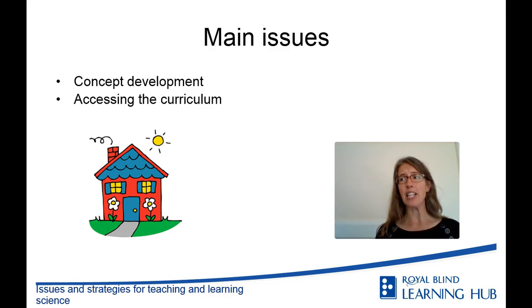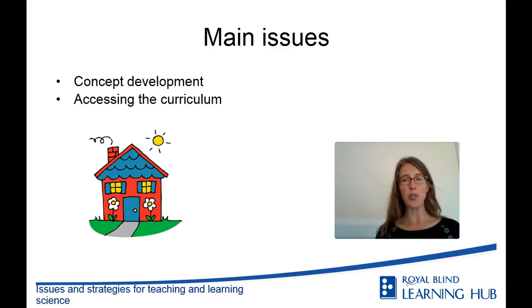But for a visually impaired learner, that can be very different. How are they going to know the shape of the roof, or the shape of the windows, or the relationship between the door and the chimney, unless that's explicitly described?